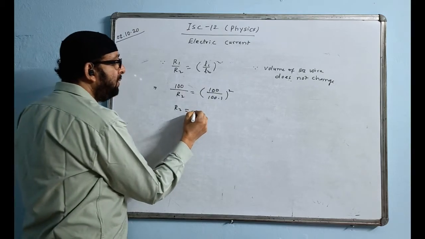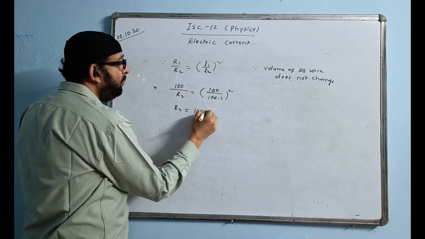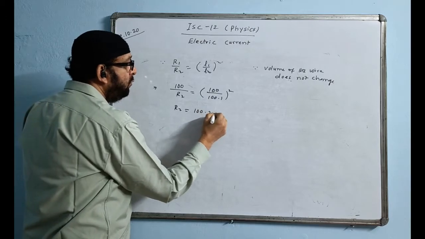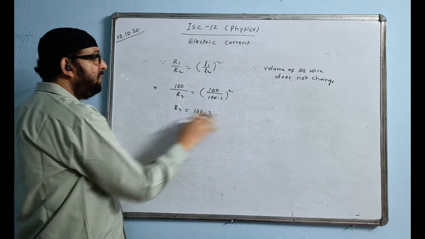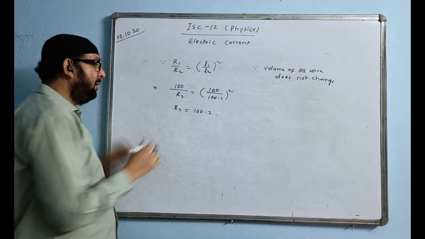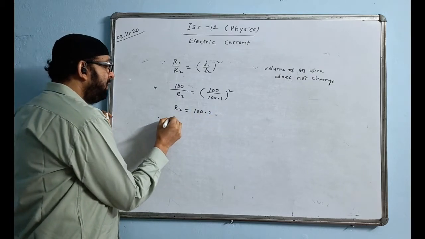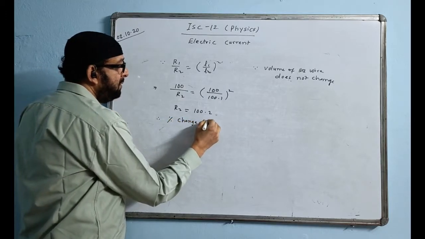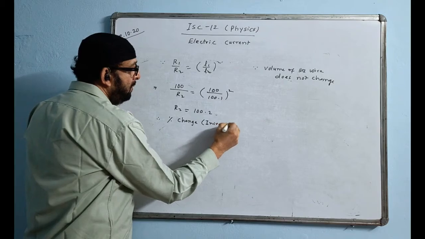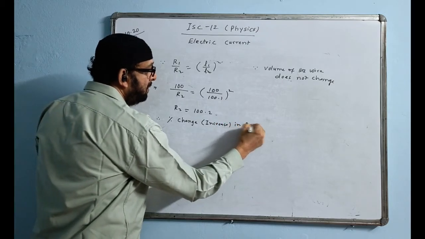Whatever is the value of R2 coming, I am sure the value of R2 will come 100.2 ohm. I guess. I am not very sure. You can do the calculation in calculator. Therefore, percentage change is increase in resistance.